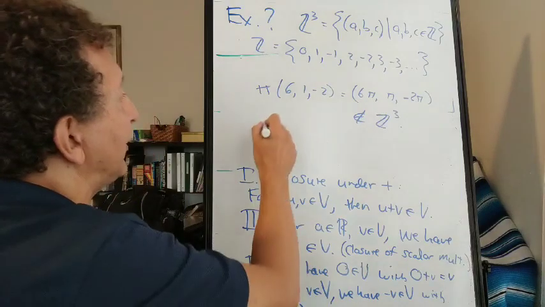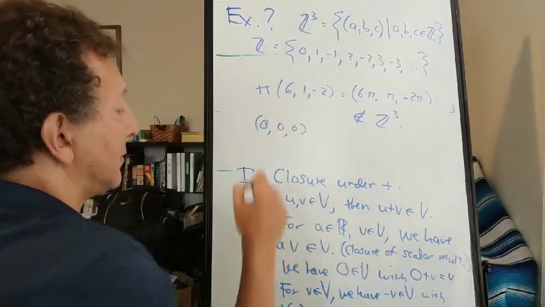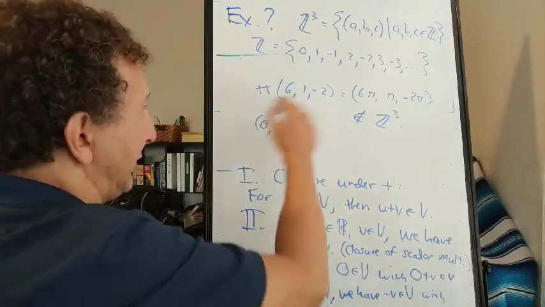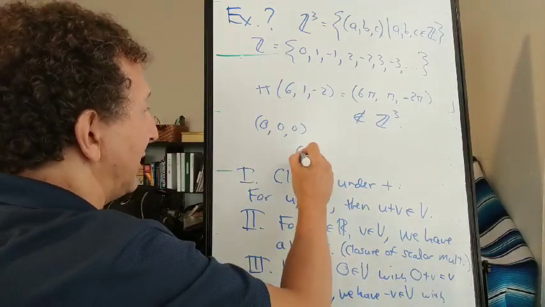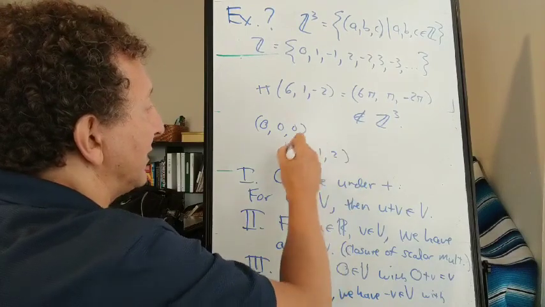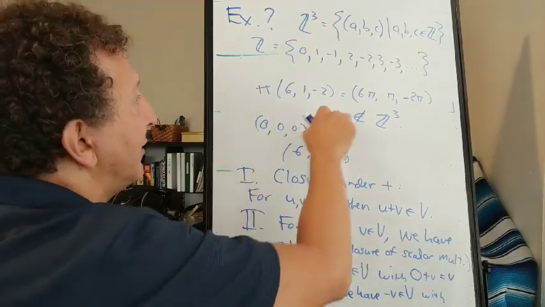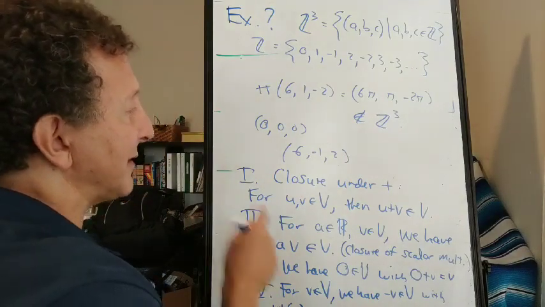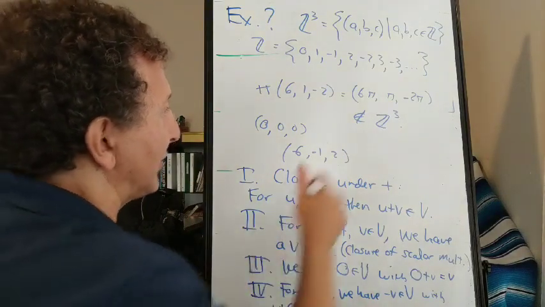So even though it has (0, 0, 0), and even though it has the opposite of anything that's in there, if (6, 1, negative 2) is in there, then (negative 6, negative 1, 2) is in there. Those are all integers. This is going to fail to be a real vector space, because it's not closed under real scalar multiplication.